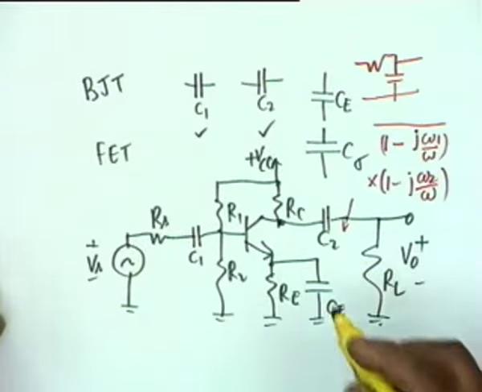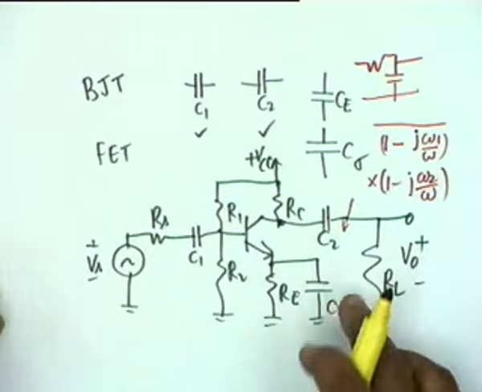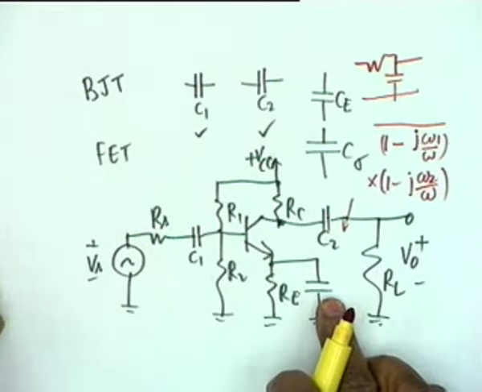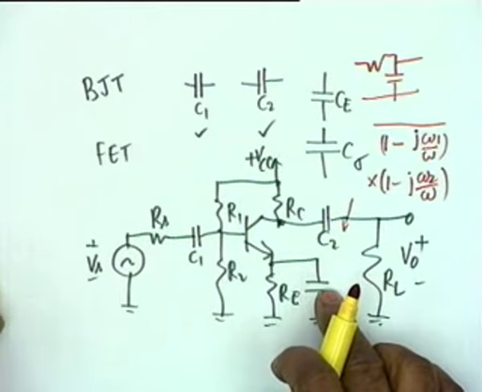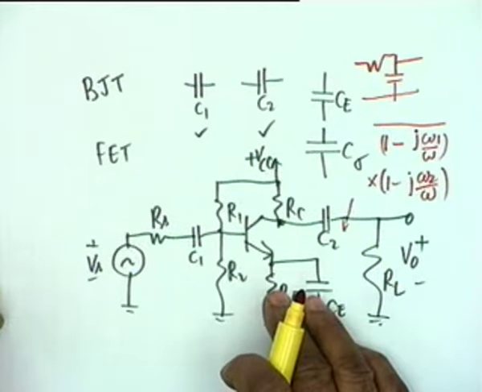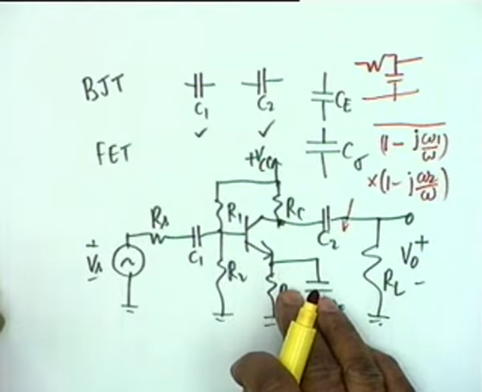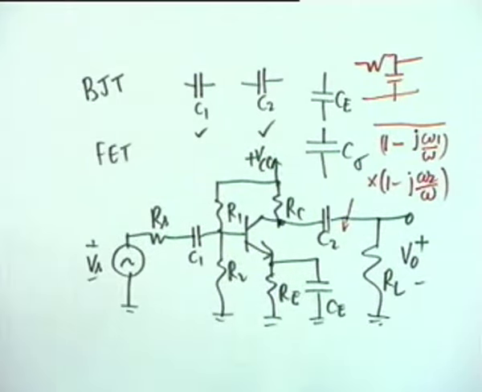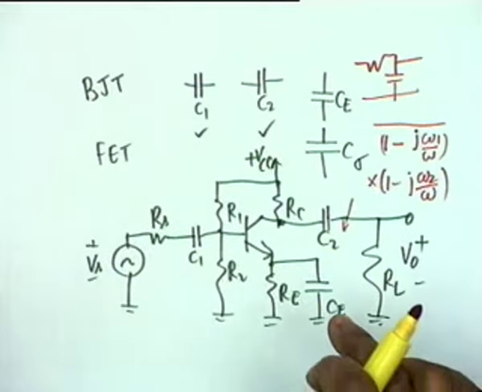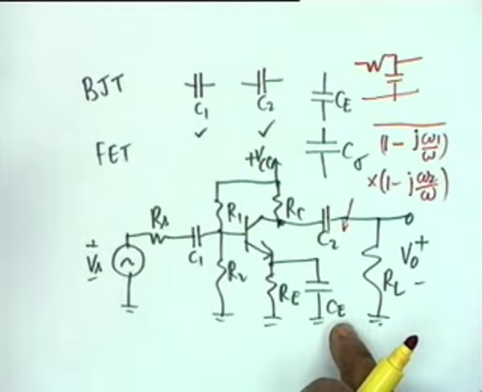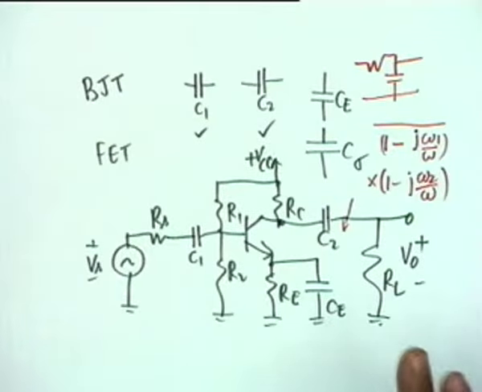If CE is infinity, there is a gain. The gain is larger, the gain is the mid-band value if C1 and C2 effects are neglected, okay. If CE is 0, then the gain drastically reduces because of unbypassed emitter resistance, but there is a gain, the gain is not 0. So it is neither low pass nor high pass, it's something in between.